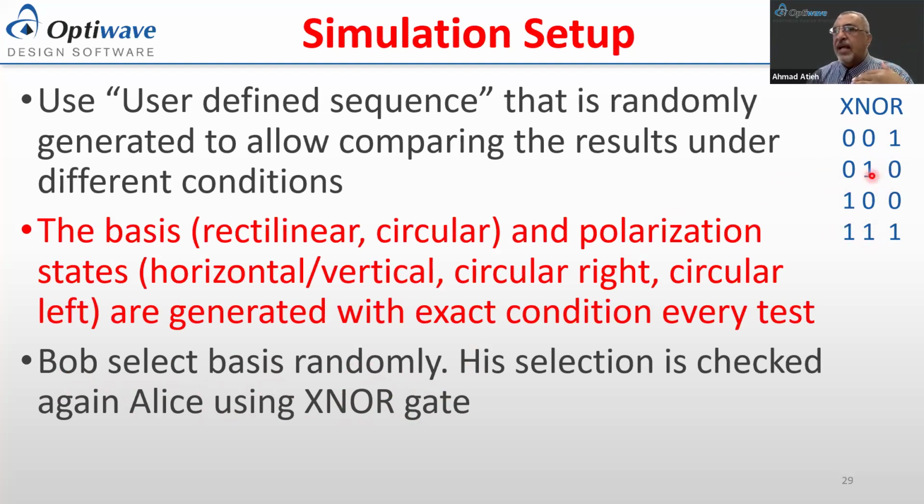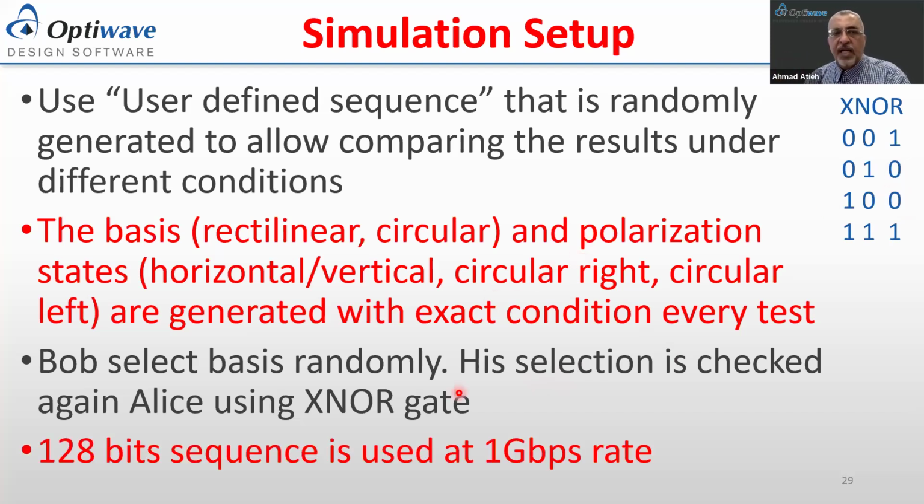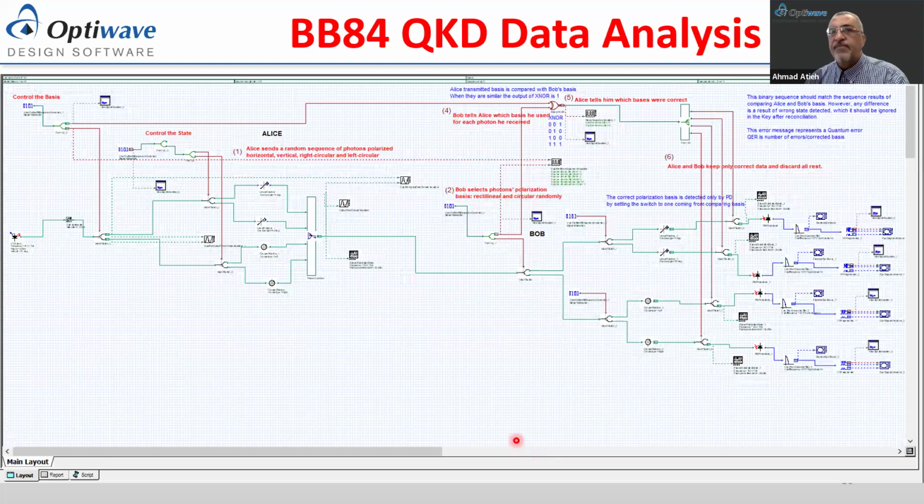So we use these bits here to control the next stage of Bob's decision to consider that bit period with the qubits or not. This is how we control the process of selecting or ignoring that specific bit period. Now in the example here, we used a 128 bit sequence at a 1 gigabit per second data rate.